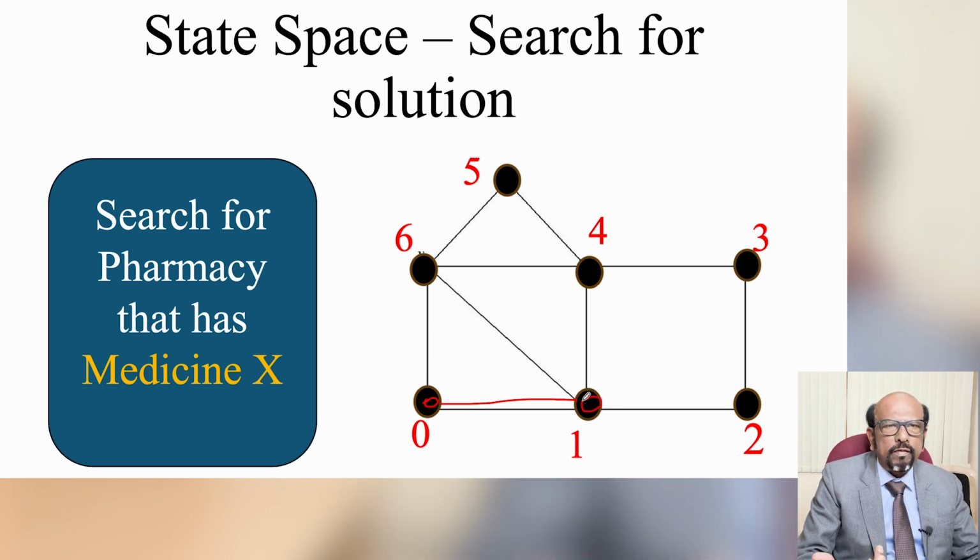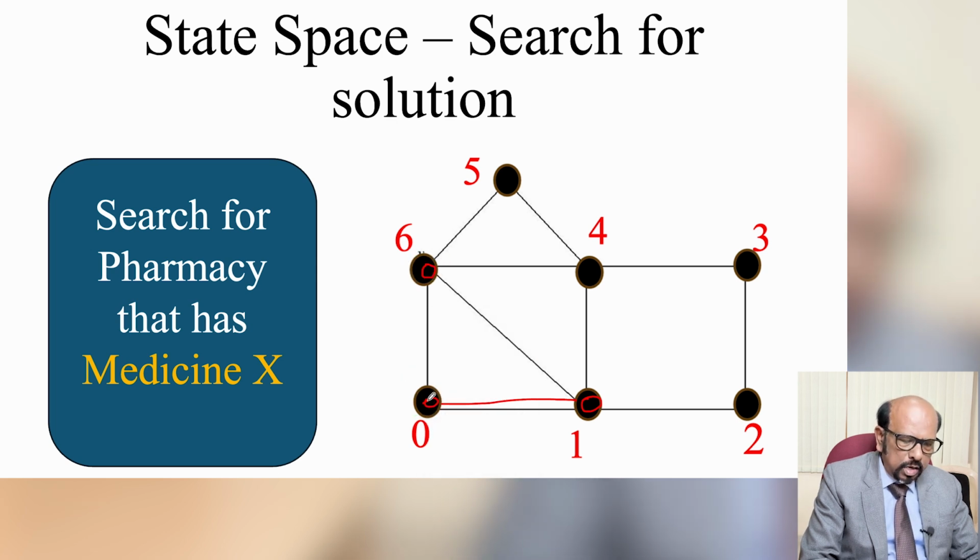If it is not available in 1, then I can either try 6 because that is a neighbor. For 0, 1 is a neighbor and 6 is a neighbor. I can try with 1 and I can try with 6. Then I can try with maybe 2, maybe 3.